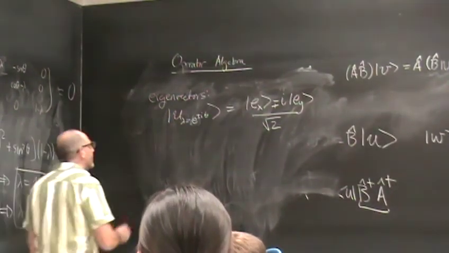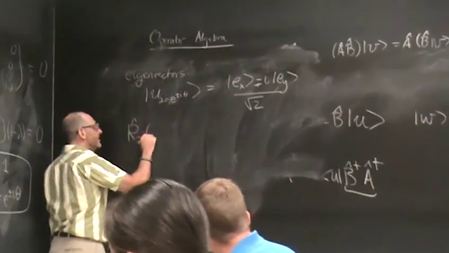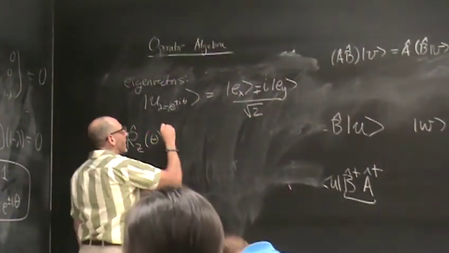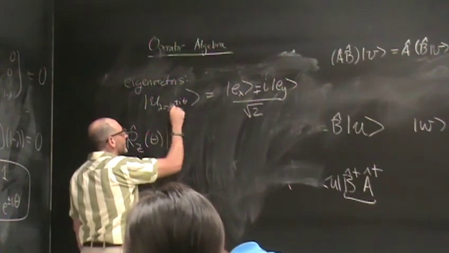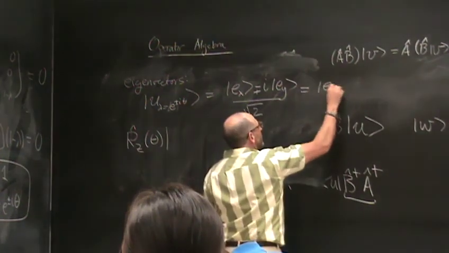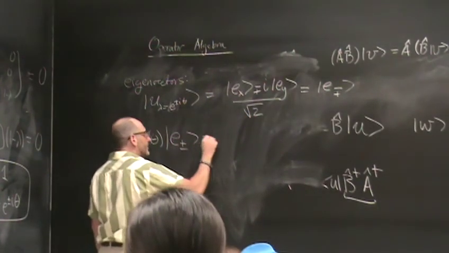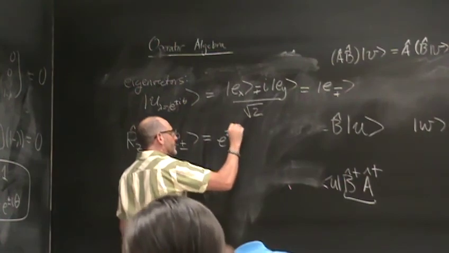That is to say, if I act this rotation operator on this vector, e plus or minus, it gives e to the minus plus.